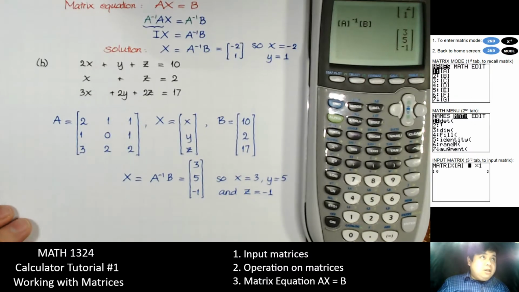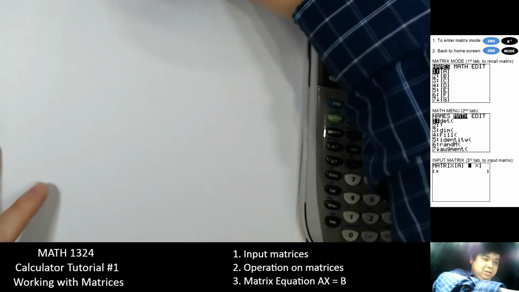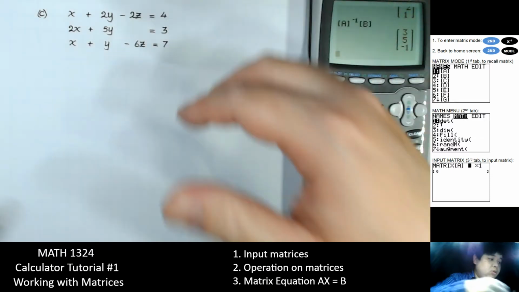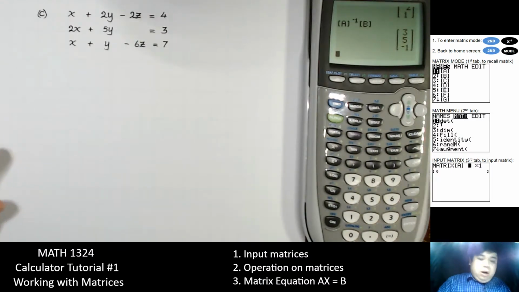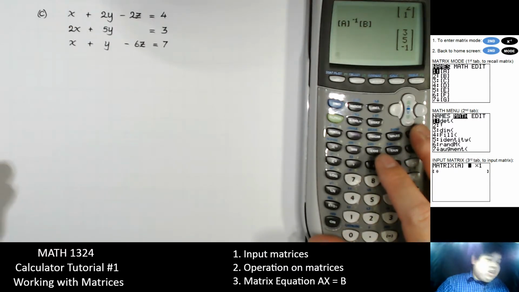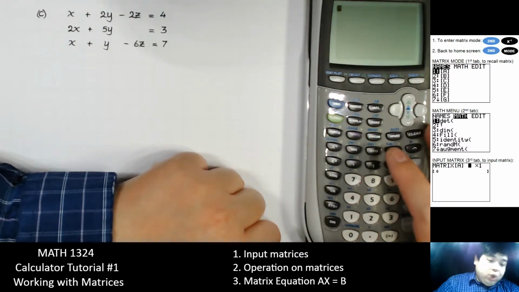So we have that, and now we're on to the last example. Again, we're going to put in the matrix A and matrix B. Matrix X we know is going to be the variables x, y, and z.